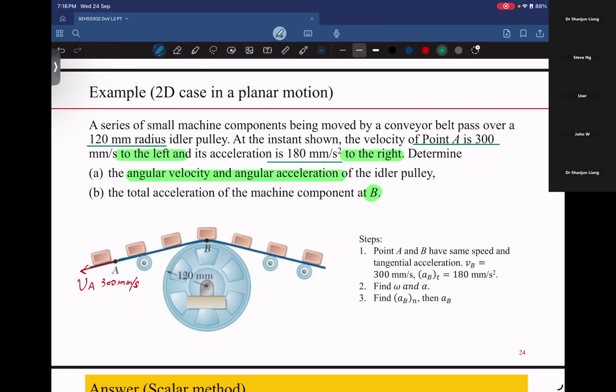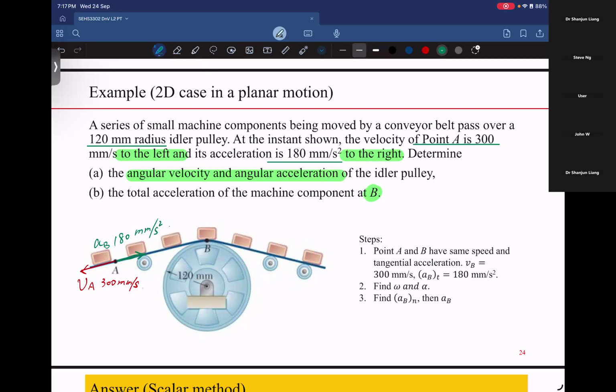We just use a green one to the right. Acceleration is to the right, and we know the acceleration is 180 millimeter per second square. So you can tell apart the velocity and acceleration. The acceleration is something second square, and the velocity is per second. One has a square, the other is just a second. Okay, so this is what we know.